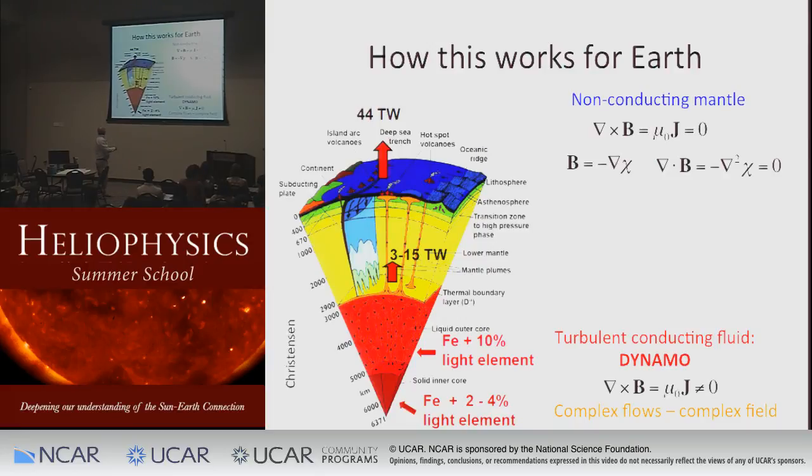Down here is the place where we have a liquid. It's the outer core. Sorry, there's an inner core that is actually solid. The outer core is liquid, and it's iron with some other light elements like silicon. The solid piece is just the iron. So what's happening is the iron is precipitating out because the Earth is cooling, and it leaves behind extra light elements down at the boundary, and that wants to float to the surface.